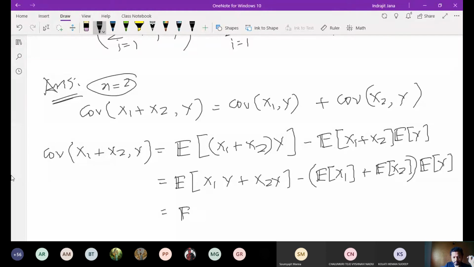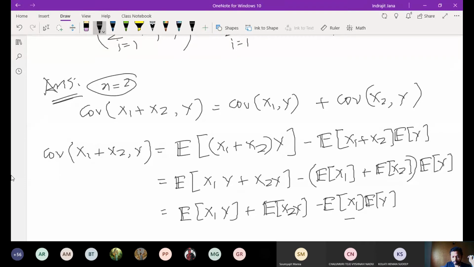You can write this as expectation of x1 y plus expectation of x2 y minus expectation of x1 times expectation of y, minus expectation of x2 times expectation of y. So this is a very elementary algebra and fun calculation kind of thing.